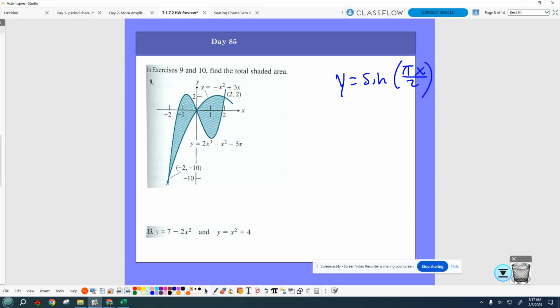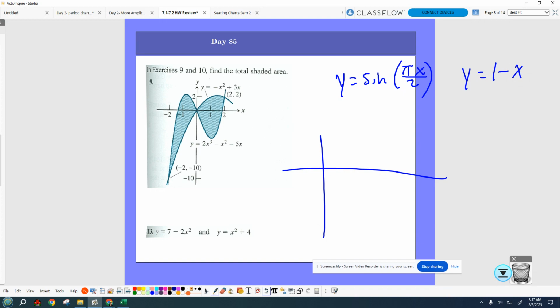Am I writing this correctly? x squared? x. Which is y equals x. Okay.